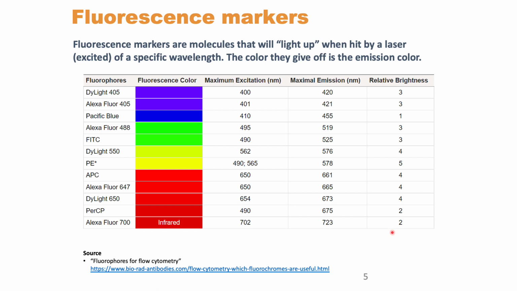Scientists can use these fluorophores to mark CD markers on cells, so to mark those peripheral proteins, these proteins of the cell membrane, and then be able to recognize the specific cell types.